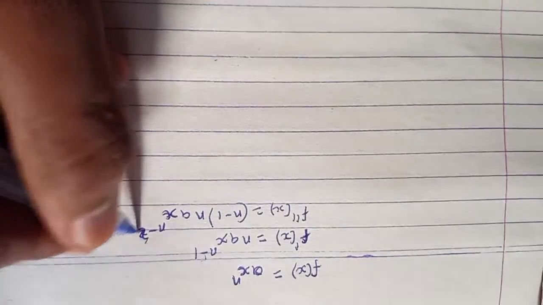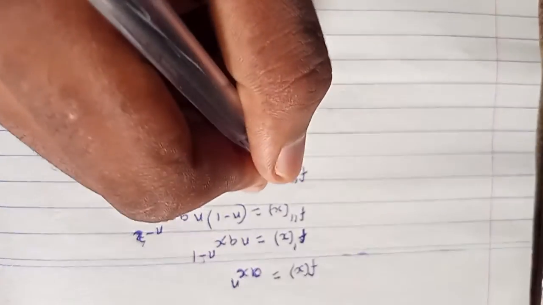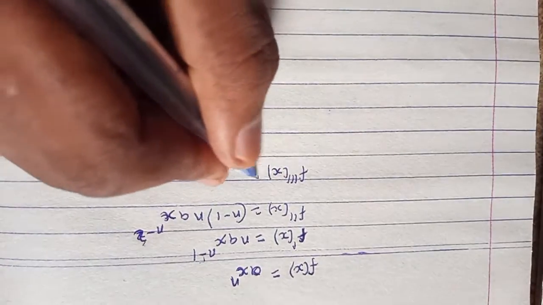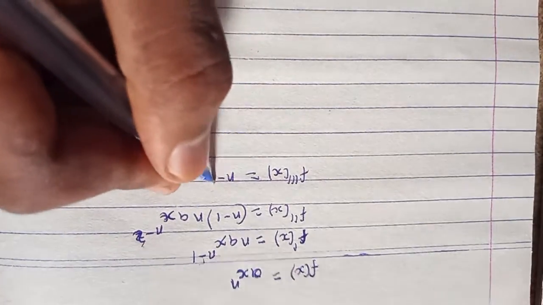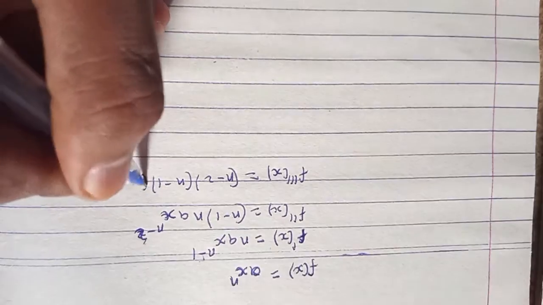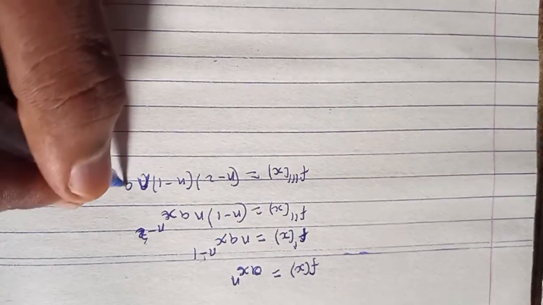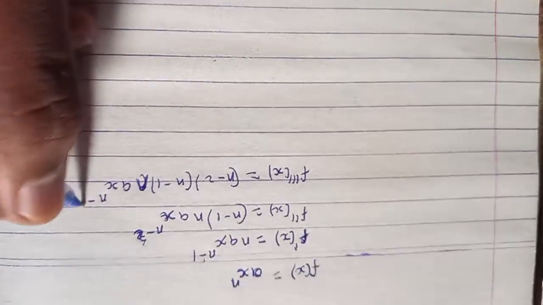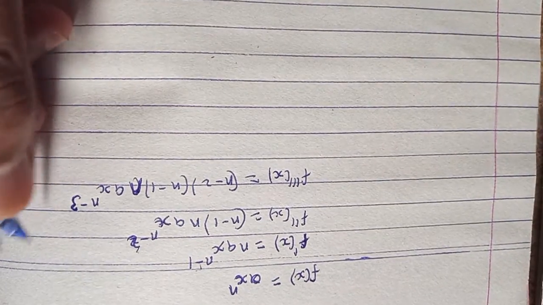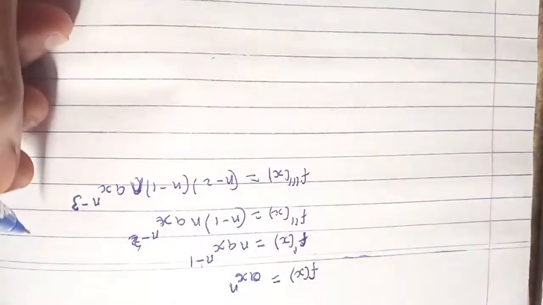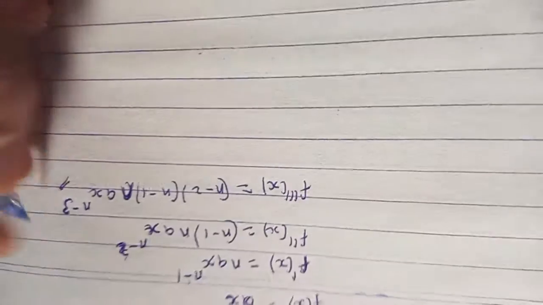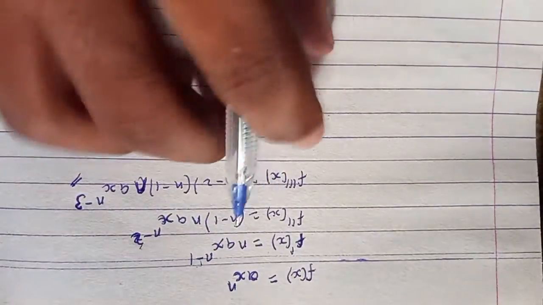So moving forward, we will have f triple prime of x equal to the same, multiplying by n, then multiplying by a times x power n minus 3. So that is really the third differential or the third derivative.